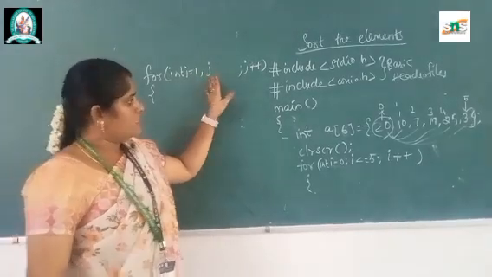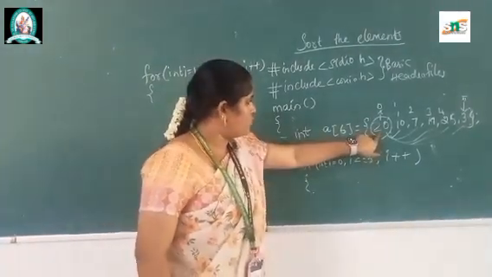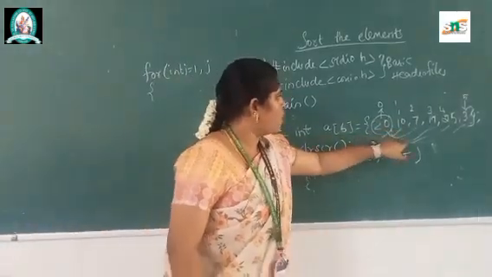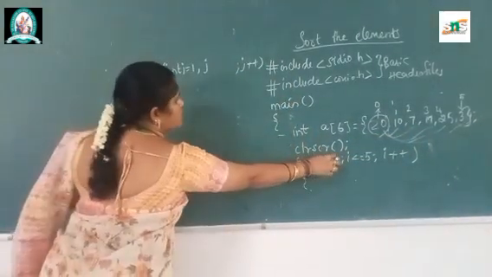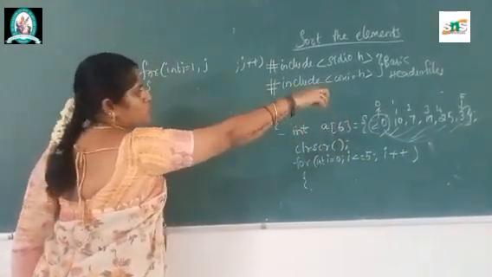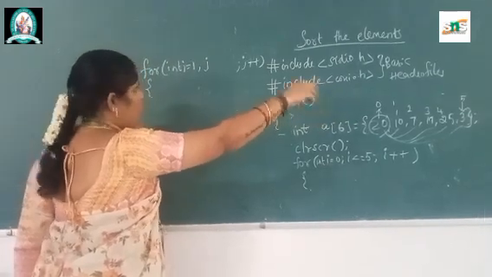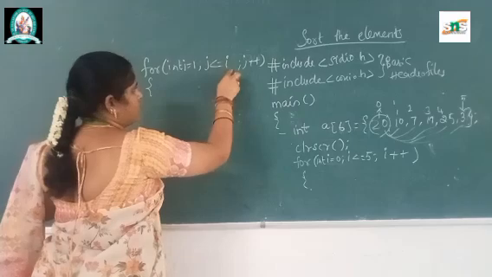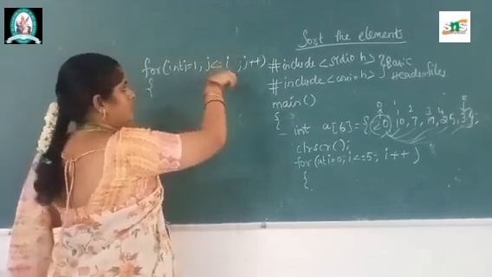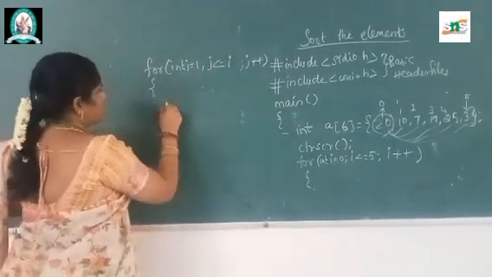The 0th value must be checked with 1, 2, 3, 4, whenever i is entered, in that time it is going to check.